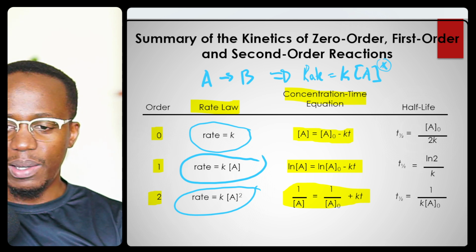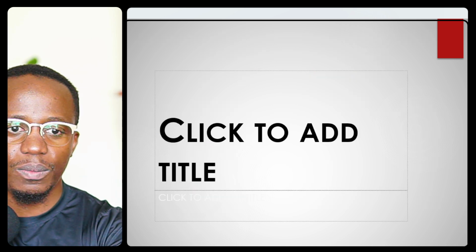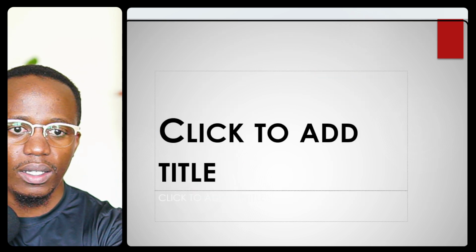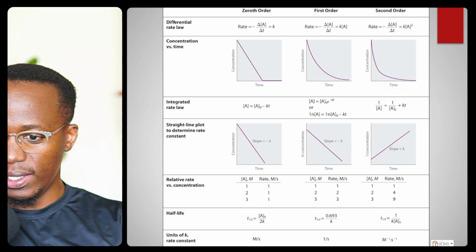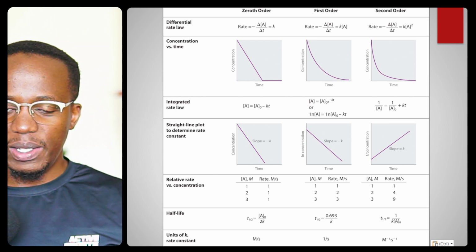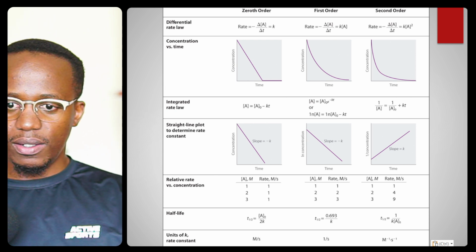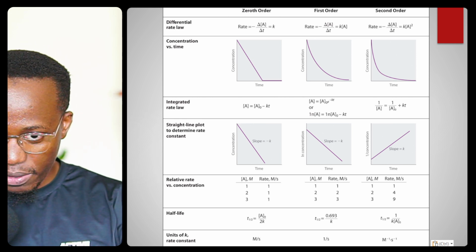All right. Let me see if I can find a nice table that makes it even clearer. All right, this is it. I love this table because it puts everything together and makes it easier. Some of the things we haven't talked about yet, but let's talk about the things that we have.